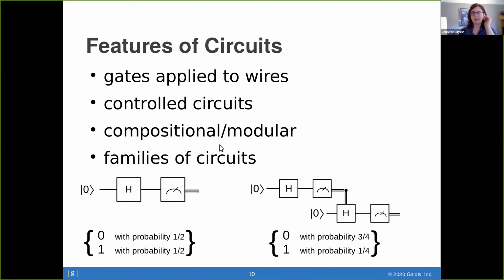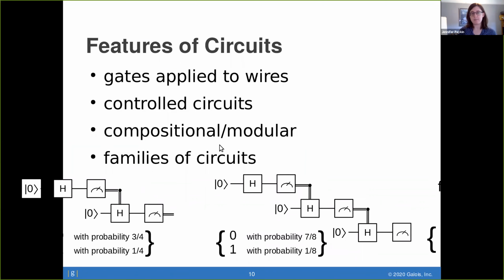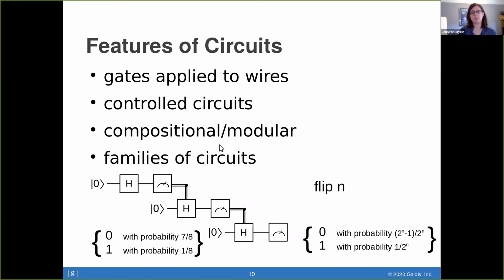So this first controlled flip circuit will give us 1 with probability 1/4, because we'll flip the first coin and only flip the second one if the result is heads. And we can of course iterate that to 3 flips or to n flips, which will give us 1 with probability 1/2 to the n. Any questions about this so far? Okay.